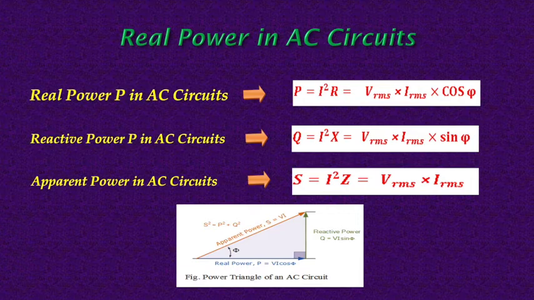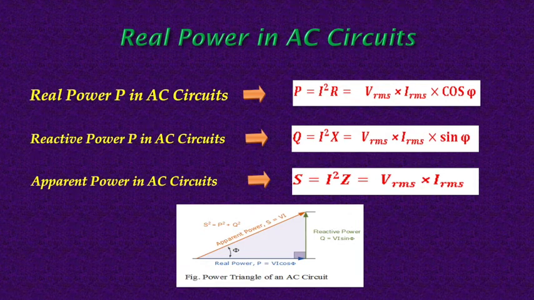Reactive power is linked to the reactance produced by inductors and capacitors and counteracts the effect of real power. Reactive power does not exist in a DC circuit. To find the reactive power, the RMS voltage and current are multiplied by the sine of the phase angle.